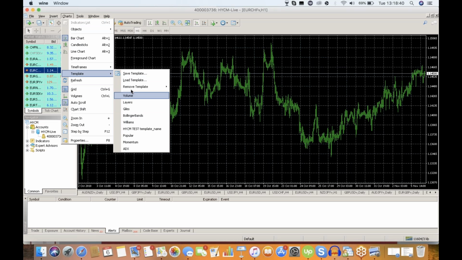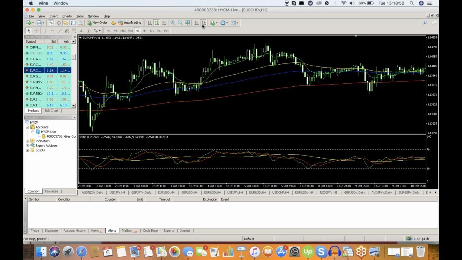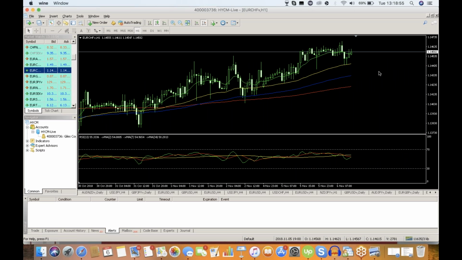You can either press load the template, or these are the ones that are part of that template, so you can just shortcut that and go straight to your template name, press it, and then all the moving averages are plotted for you. That's just a time saver, because you can imagine trying to plot all the moving averages across 12, 14, 16 pairs. It's quite time consuming, so that's just a way of helping you to do that.